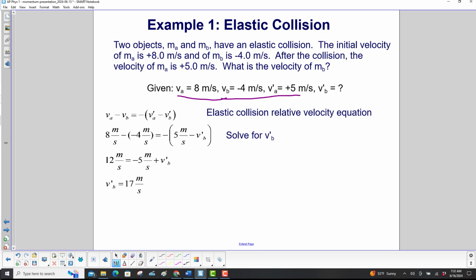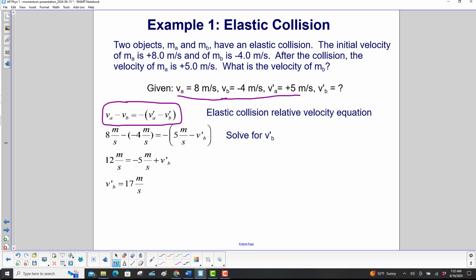And since it's an elastic collision, we can use the relative velocity equation. So we substitute in our numbers and be very careful about the minus signs. We have 8 meters per second minus a minus 4 meters per second equals minus, and then the whole parentheses there, 5 meters per second minus VB prime.